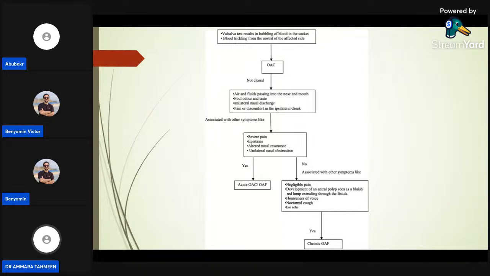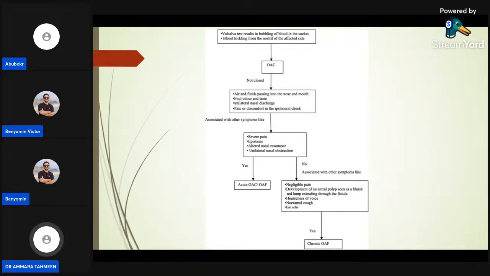As soon as you extract the teeth, if you suspect that there is an oroantral communication, that's why it is mandatory before any extraction, especially in the maxillary posterior region, to go for an orthopantomogram or panorama, or OPG, whatever we call it. It is better to take an intraoral radiograph or orthopantomogram to see the relation of the tooth to be extracted with the maxillary sinus, especially premolars and molars of the maxillary region.